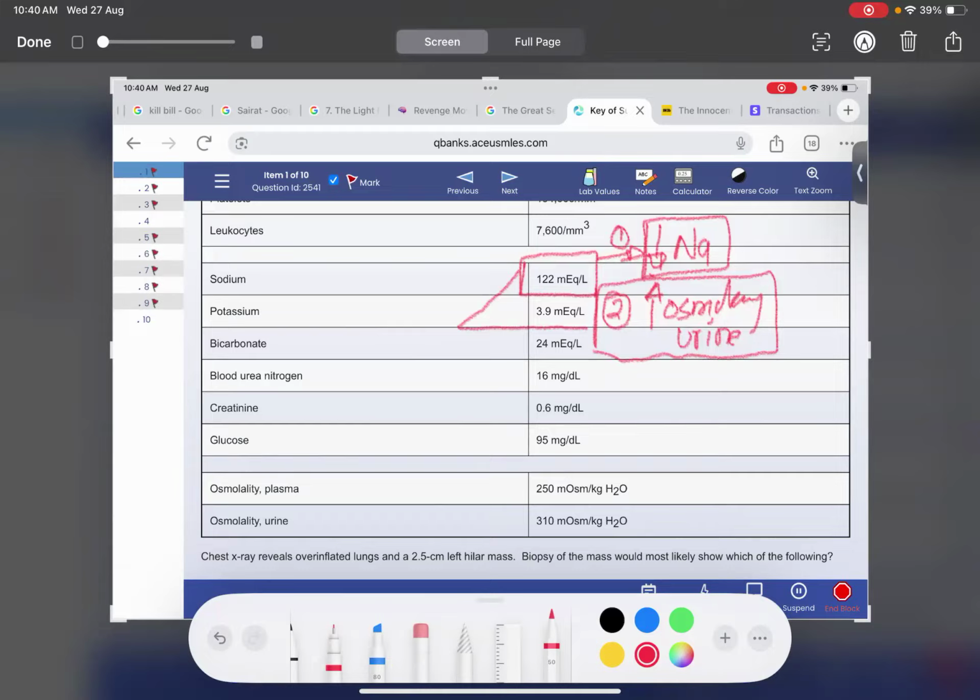Wait a minute. If the urine osmolarity is increased, it means more water is being absorbed and retained in the body. So SIADH. Yes, we are coming to it.